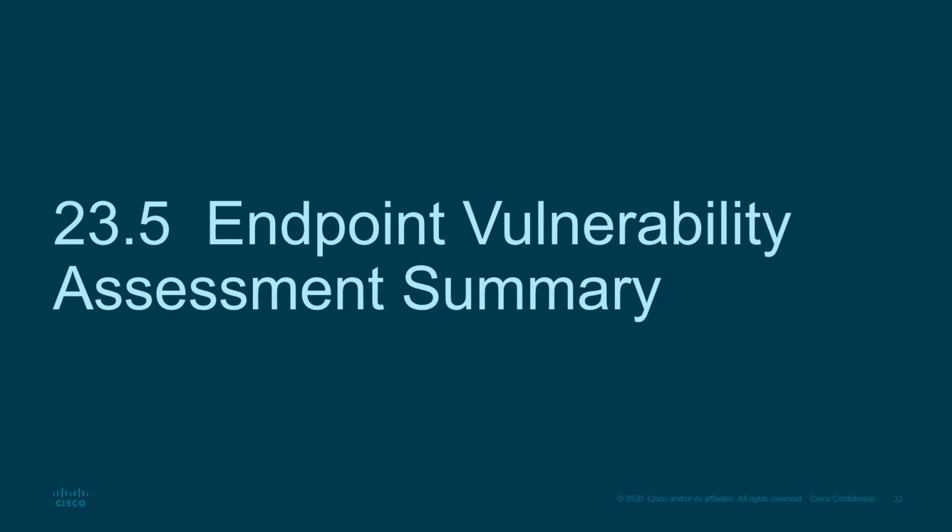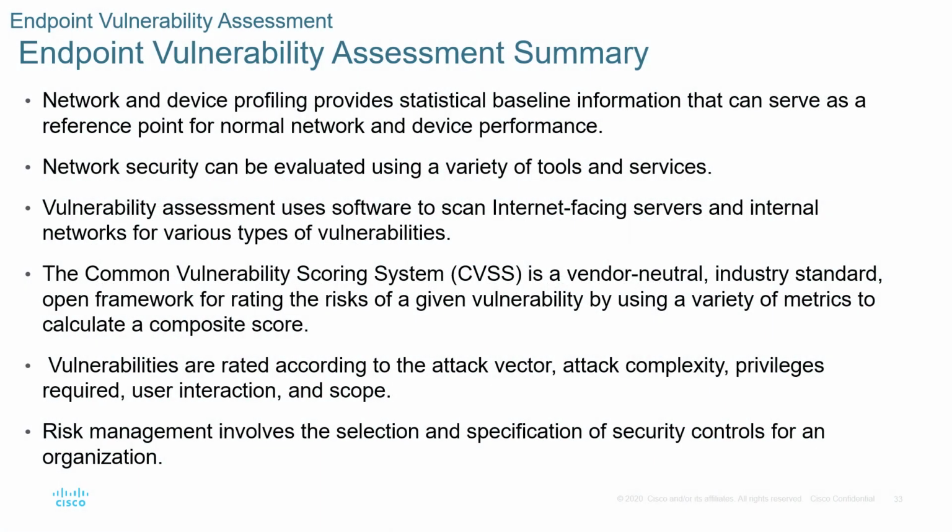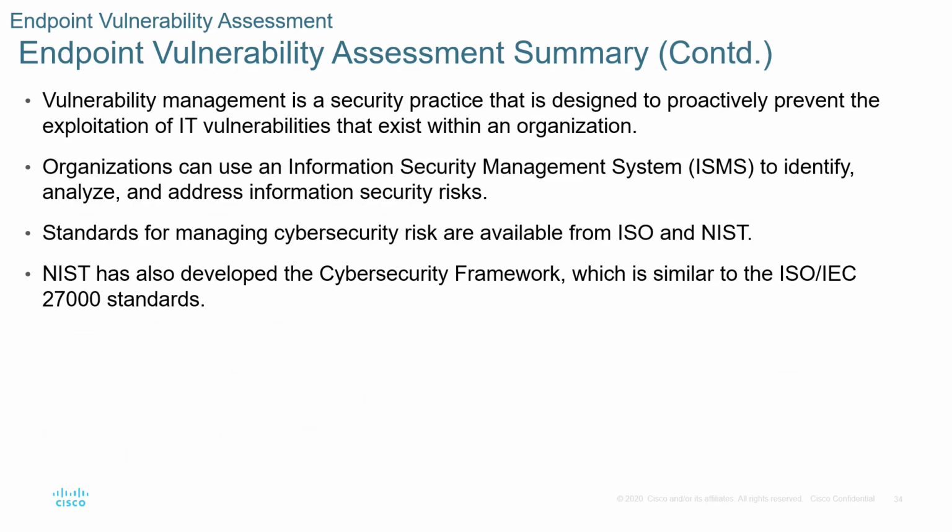All right, so that brings us to our summary. We've looked at our profiling for network and devices. We looked at our scoring systems, the CVSS, the CVEs, and then the vulnerability databases. We looked at the vulnerabilities as well as risk management. We looked at risk, understanding risk acceptance versus risk avoidance versus risk mitigation.